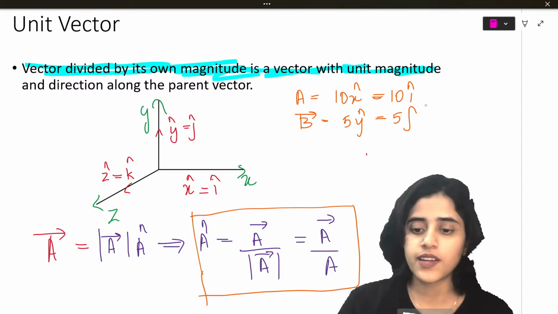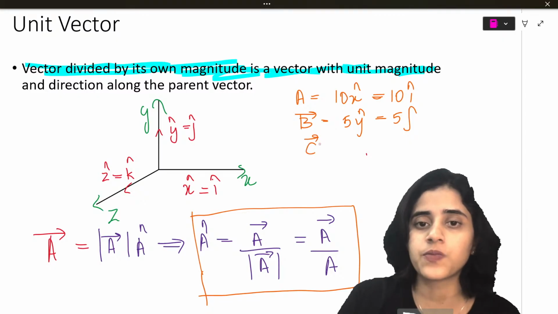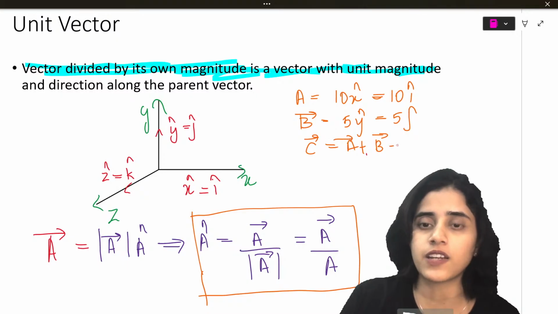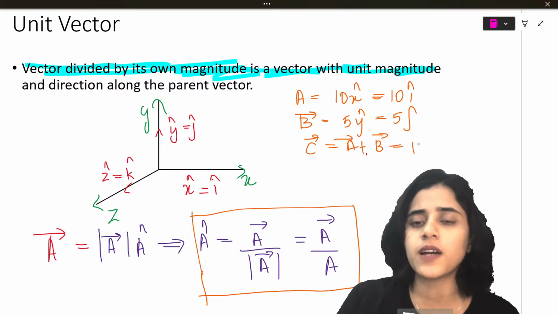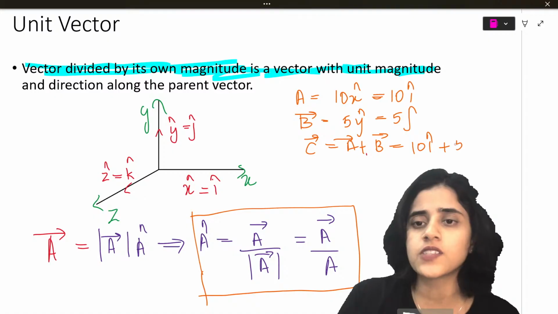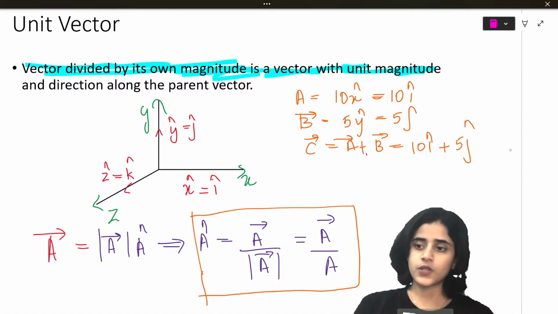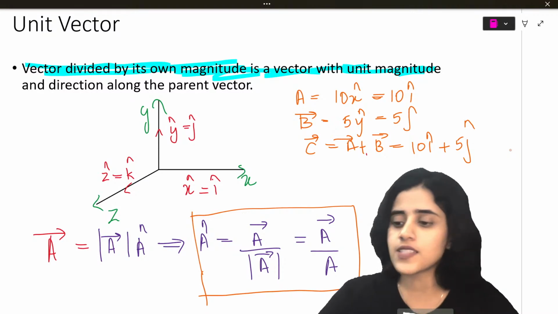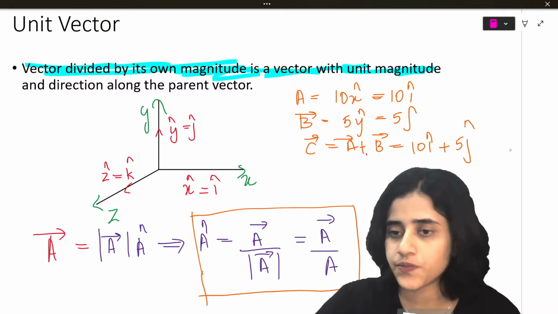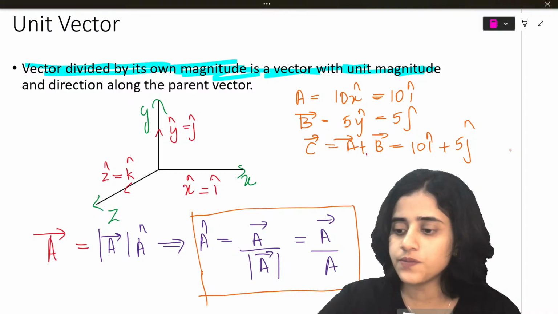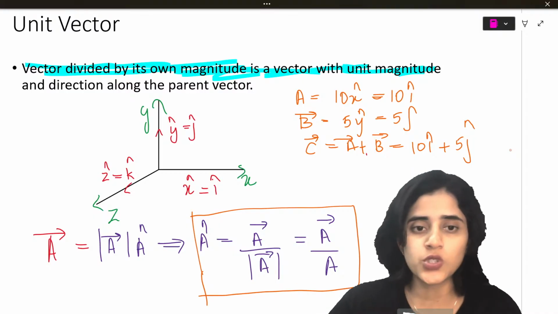Now, if I have to find C, which is A vector plus B vector, this will be nothing else but 10I cap plus 5j cap. That's all. Is this clear to all of you?